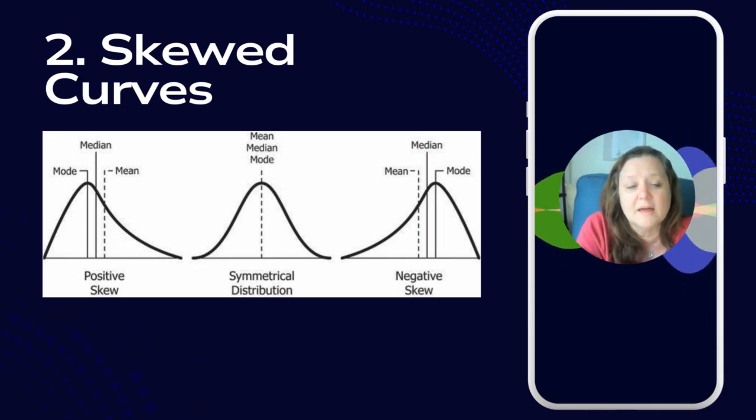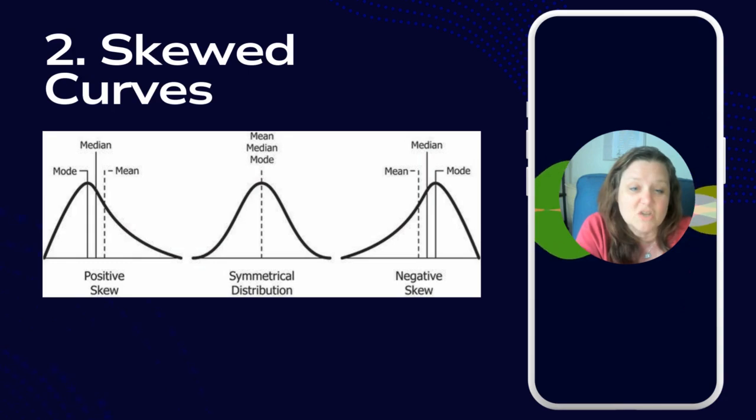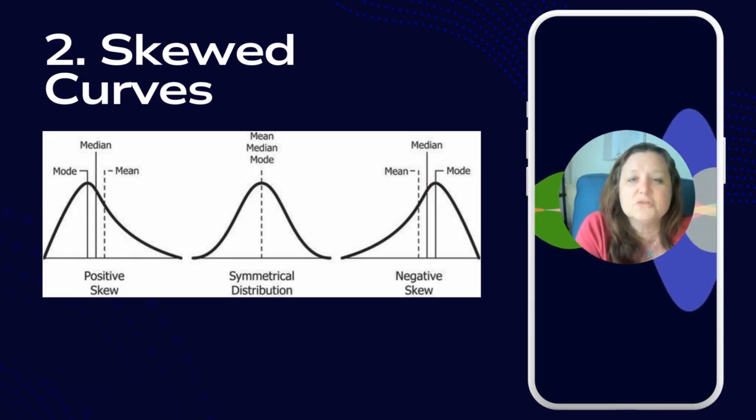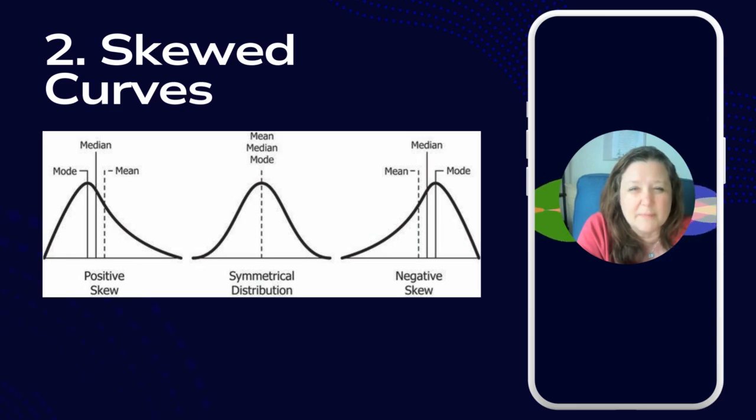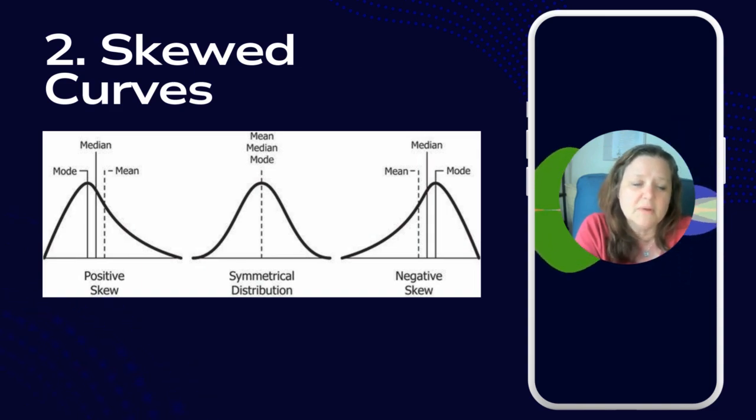But when you look on the one side, you get the negative skew, and then on the other side, you get a positive skew. A little trick for figuring out whether you have a positive or negative skew, I call follow the tail. So if the longer tail of the curve is in the right direction, that's a positive skew. Just like you go positive on a number line, right?